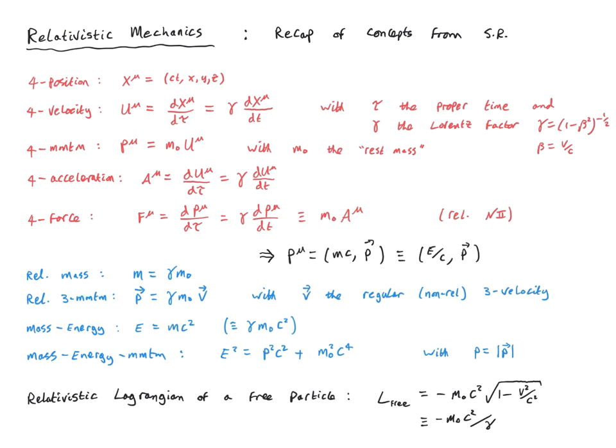Notice that in the non-relativistic limit where v is much, much less than c, this relativistic Lagrangian for the free particle reduces to the kinetic energy, a half m0 v squared, minus m0 c squared. This is a constant. It corresponds to the rest mass energy of the particle. However, this expression for the relativistic Lagrangian obviously goes beyond that, and we can use it also at relativistic speeds. And we'll be exploring that also in this lecture.